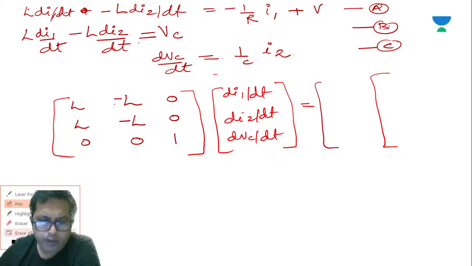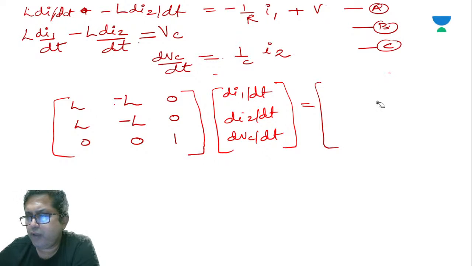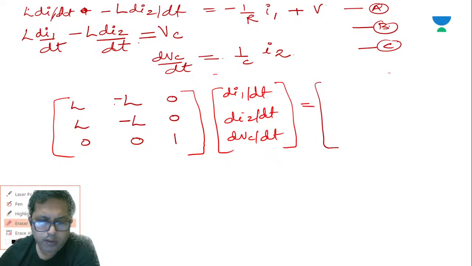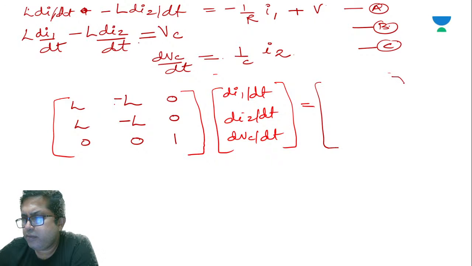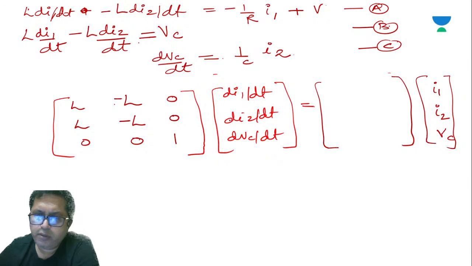There are three state variables: I1, I2 and vc. Size of this is 3 by 1, 3 by 3. This is 3 by 1.